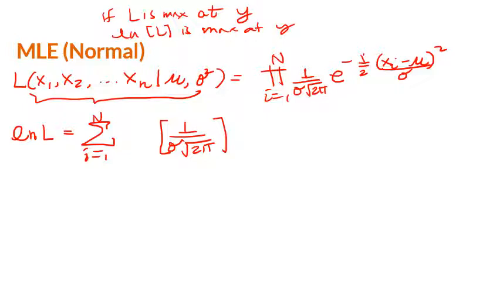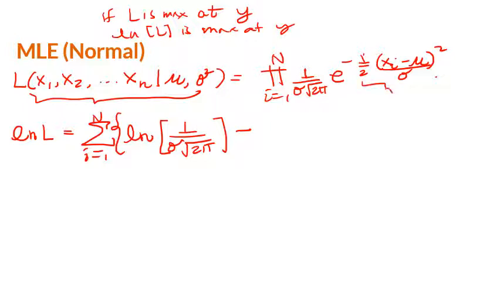So gawin nating ln na lang para consistent, kasi usually yung logarithm medyo understood na ang base niyan ay e in most textbooks. So ln of 1 over sigma square root of 2 pi minus, take note, ln ng expression ng e raised to something is yung argument ng exponential.